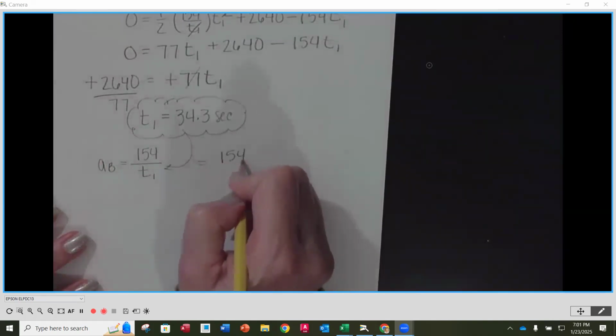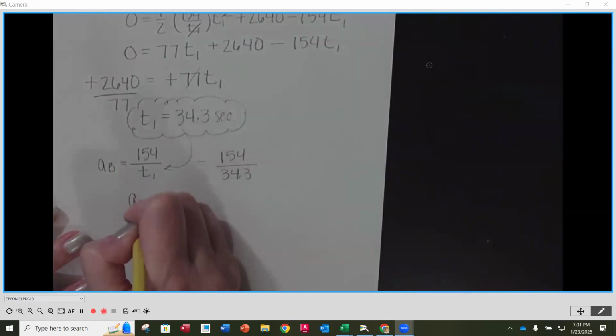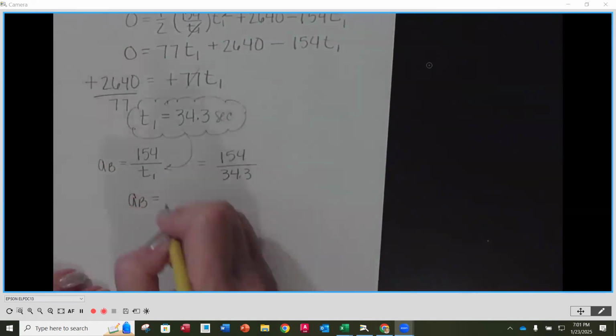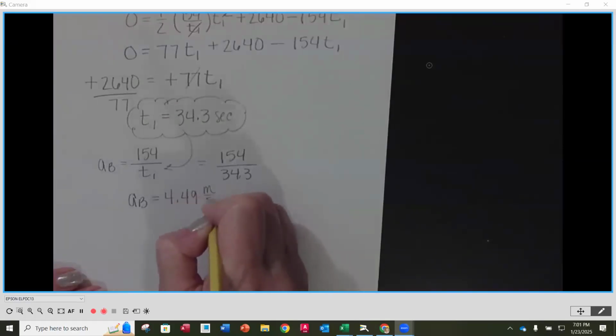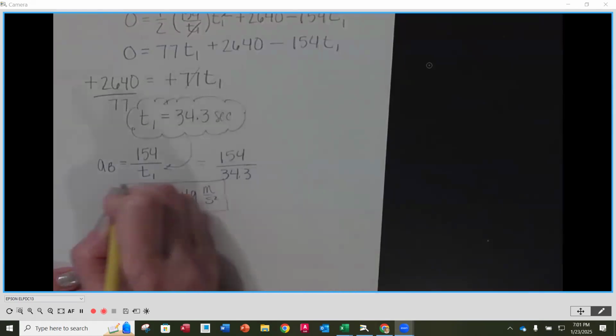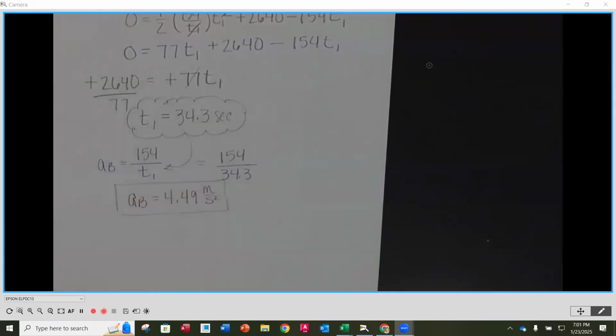So 154 divided by 34.3 seconds. Our AB should come out to be 4.49 meters per second squared. Again, magically appearing here, but because we've used meters and seconds throughout, these will be our final units.